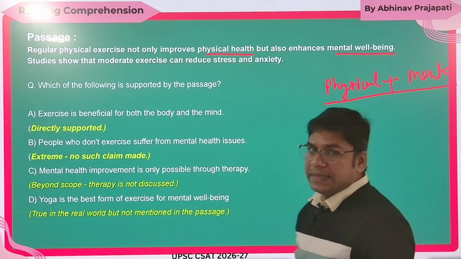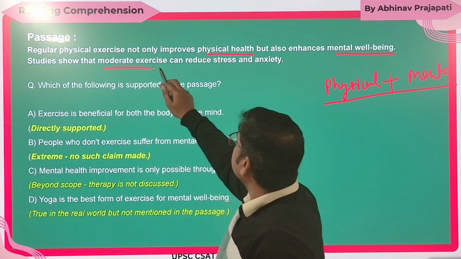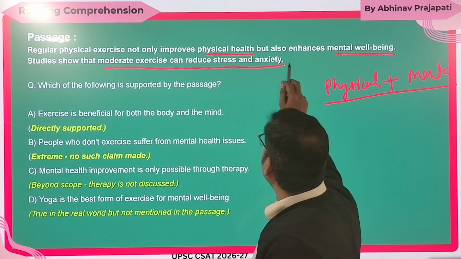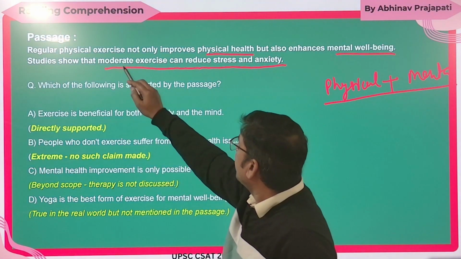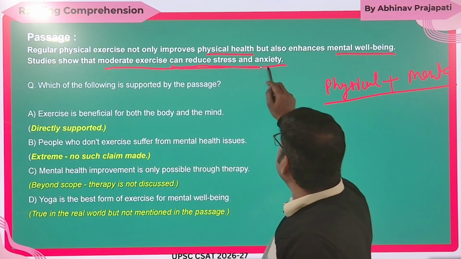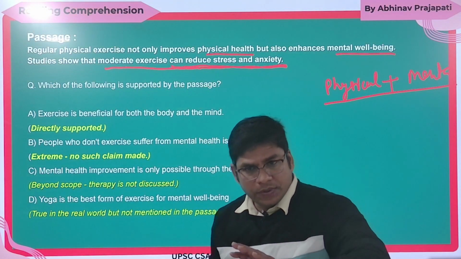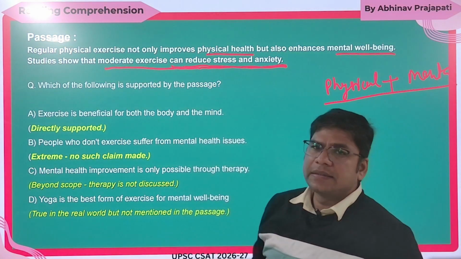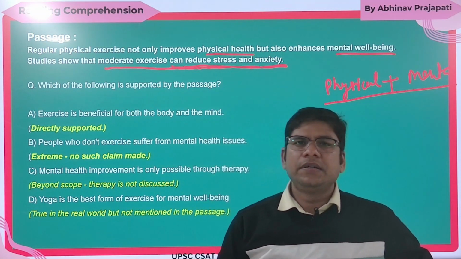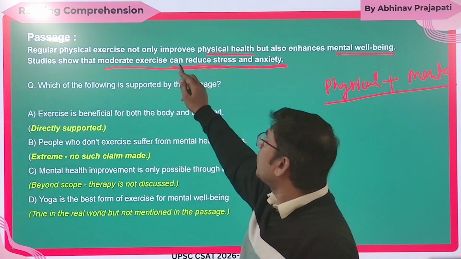Studies show that moderate exercise can reduce stress and anxiety. So this is not an extreme claim that stress and anxiety will be completely reduced. This is not the author saying. Here it is a possibility: can reduce, may or may not be.